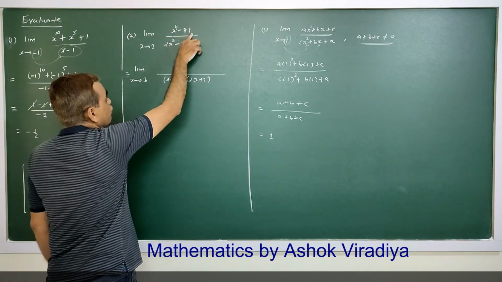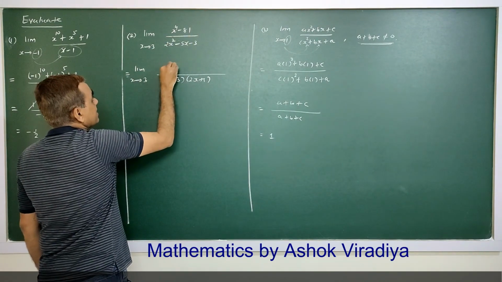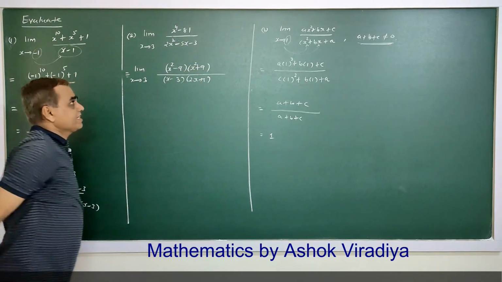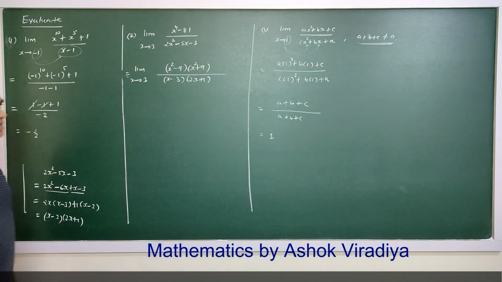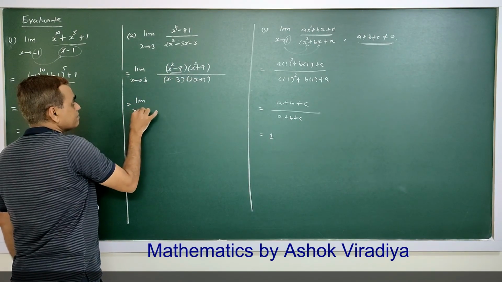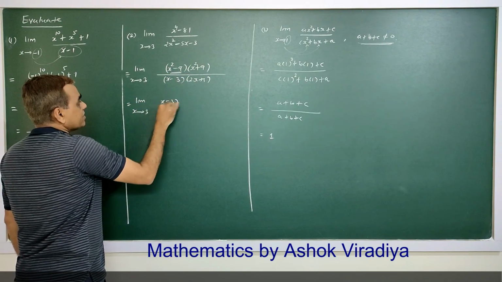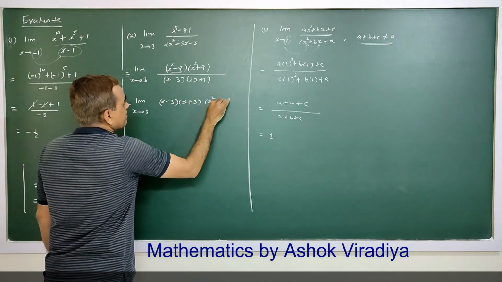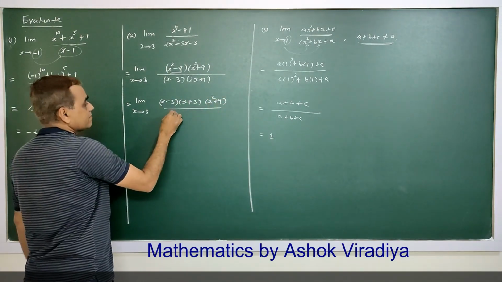Here x to the 4 minus 81 has factors x square minus 9, x square plus 9. Still we can factorize this. x square minus 9 is x minus 3, x plus 3, and x square plus 9 keep as it is.